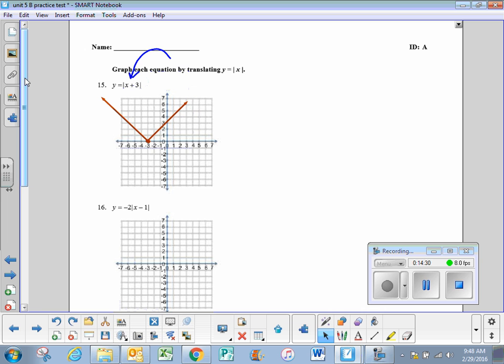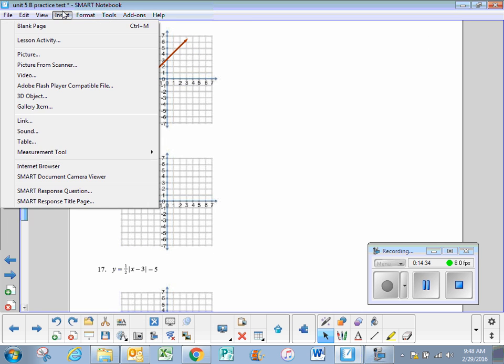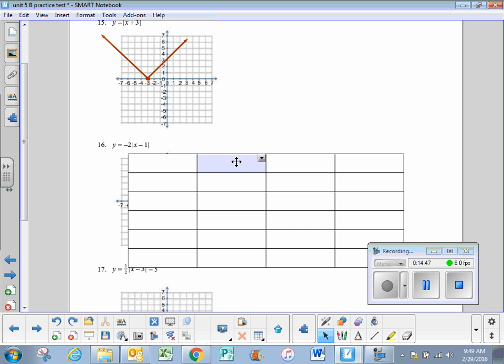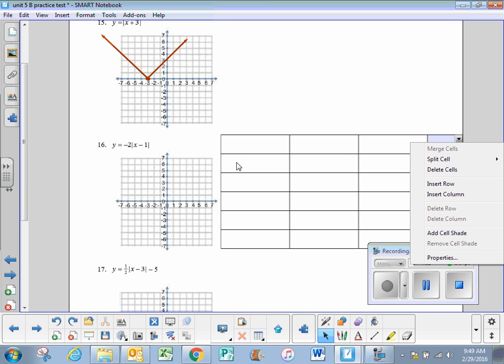And the next one, I needed to make a table. So we're going to go ahead and make our table. All right, so let's go ahead and do our table again. What is the vertex? 1, 0.